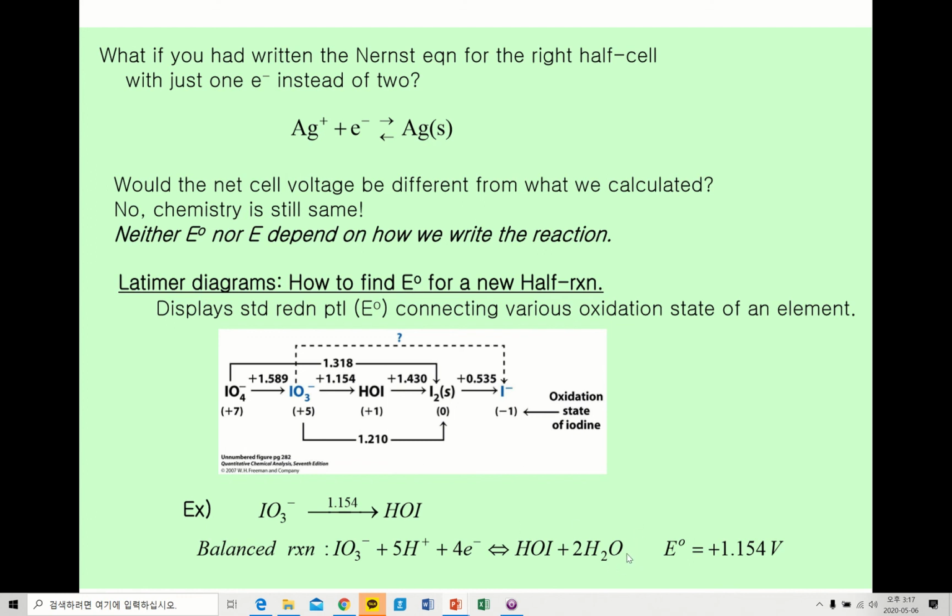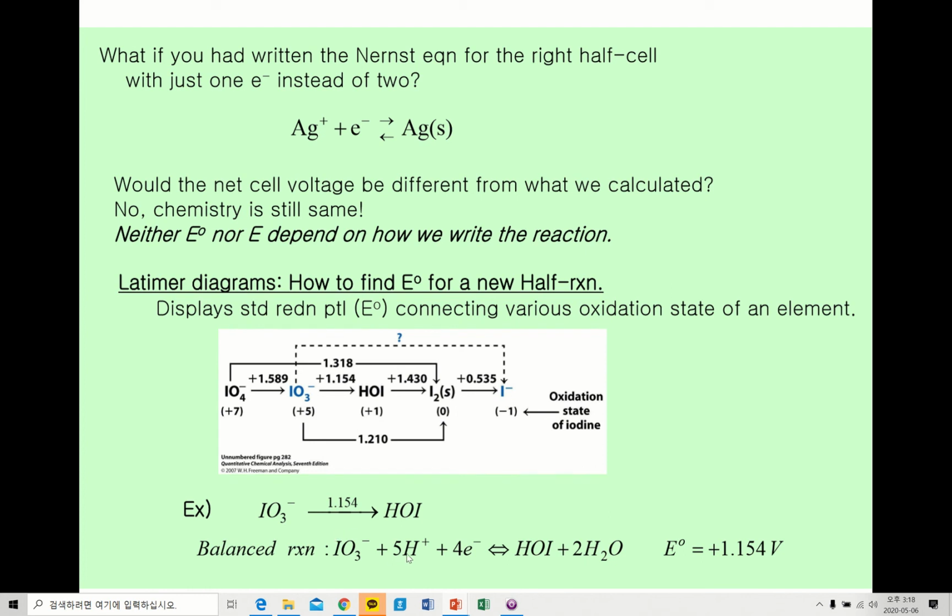Here we added 2 water molecules. Now there are 3 oxygen atoms on the right and 3 on the left, but the number of protons is not balanced.